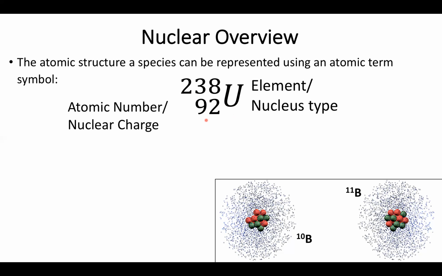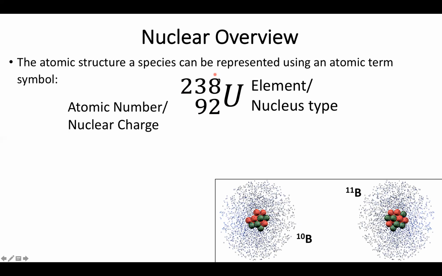Now, it is worth noting that this number defines the element we're examining. And so a lot of people will, as you see below with boron, neglect to include this atomic number, and that's okay. However, it's going to become very useful in the subsequent chapters that we are able to easily keep track of the number of protons in a system. So I'm going to tend to include this in everything we do.